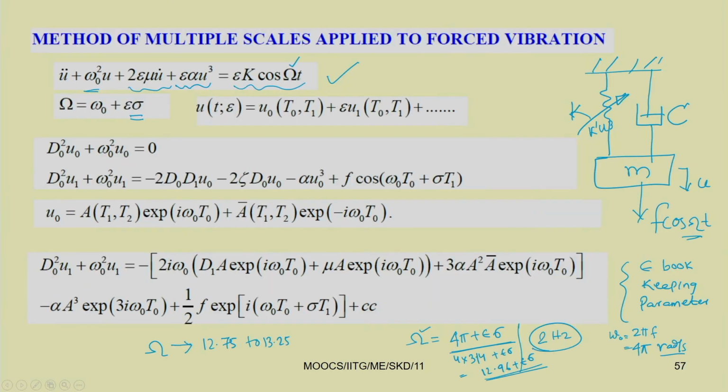So, here the value, approximately, you can write equal to 13. So, 13 plus epsilon sigma.